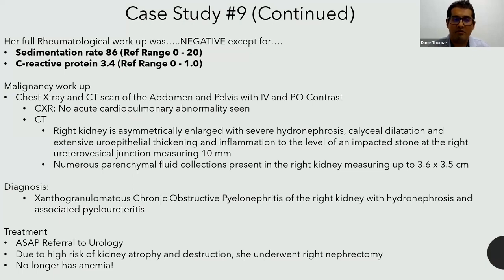So we decided to refer to urology ASAP, and she was evaluated right away. Due to her high risk of kidney atrophy and destruction, she underwent a right nephrectomy. After her nephrectomy, her anemia was completely resolved.